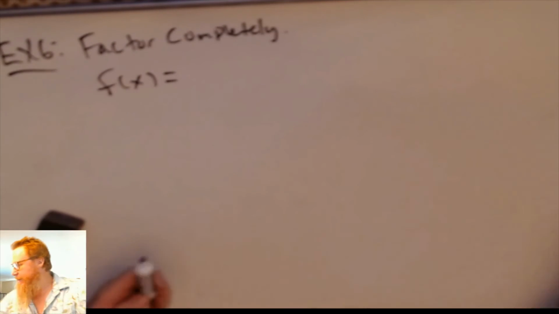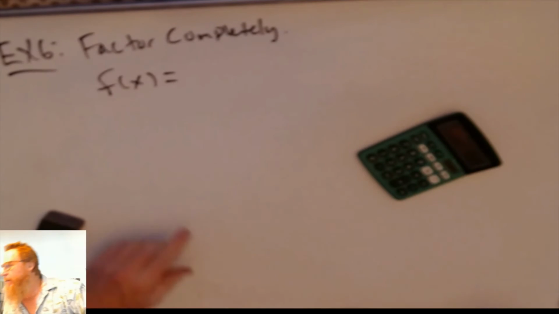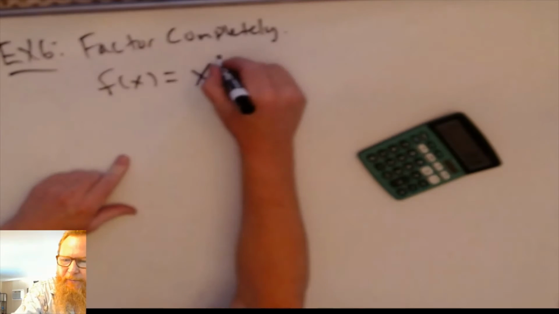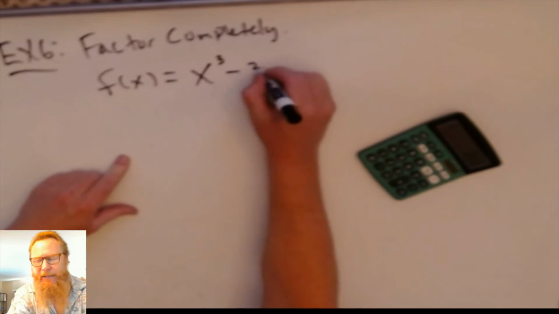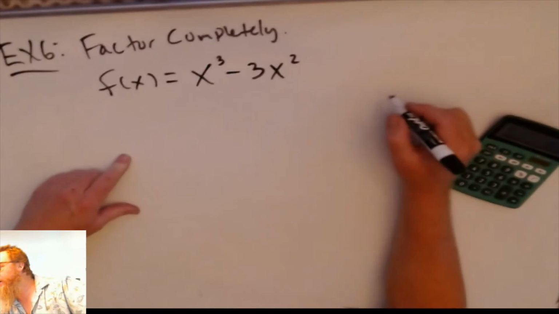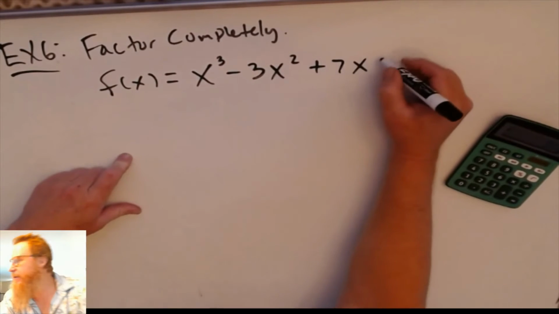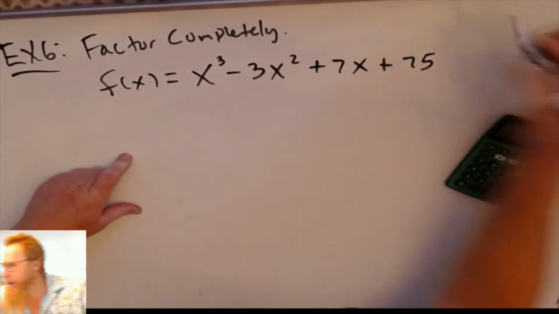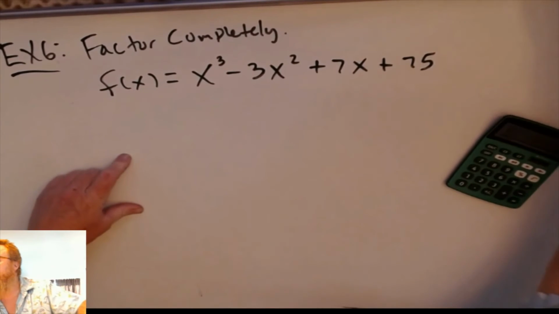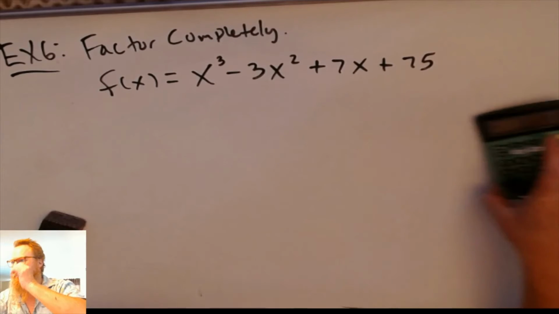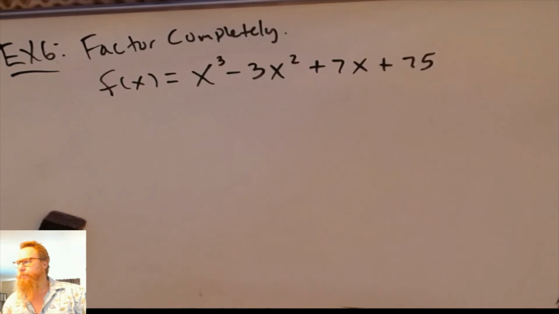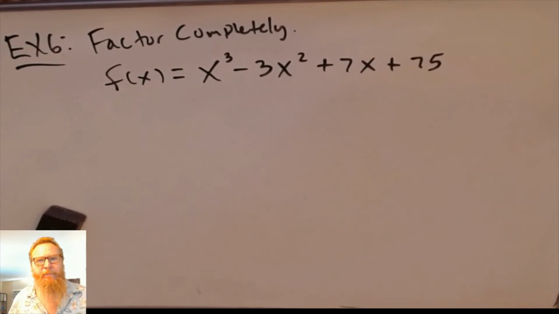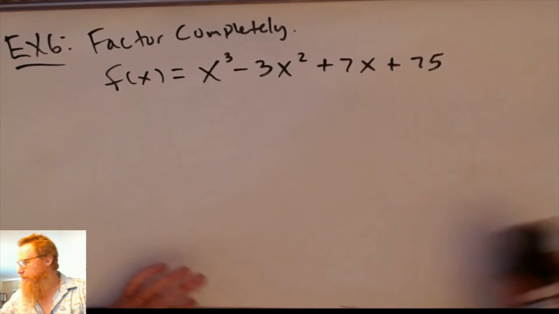Oh, man. Come on. Well, we'll give it a second. We'll see if it comes back to me. X to the third minus 3x squared plus 7x plus 75. Oh, good. Came back to me. I didn't even have to yell at it.